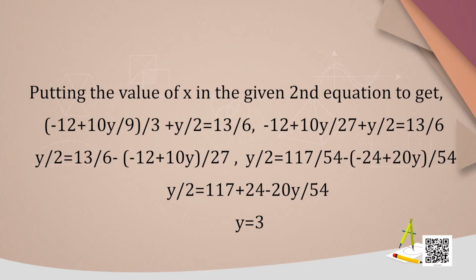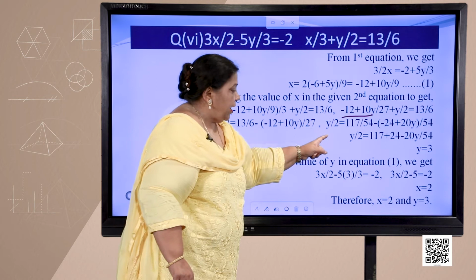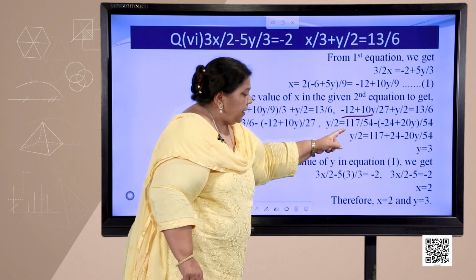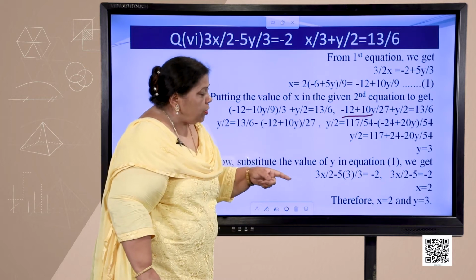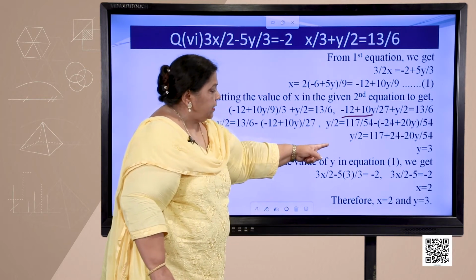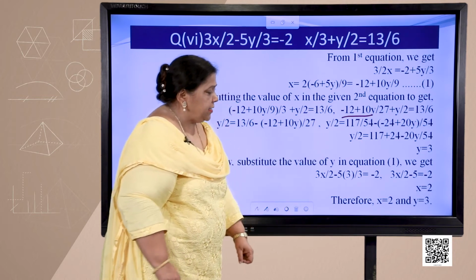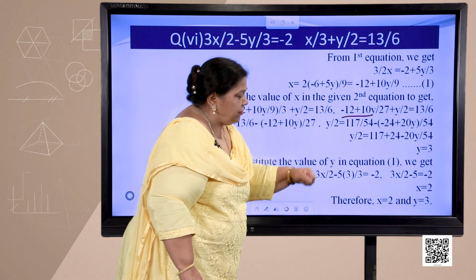That is y/2 is equal to 13/6 minus (−12 + 10y)/27. On solving we get y/2 is equal to 117/54 minus (−24 + 20y)/54. That is y/2 is equal to (117 + 24 − 20y)/54.